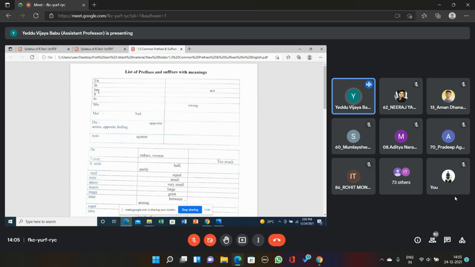With im: imperfect, immature. You can do like this. With il: some are repeated here, please check it out. Like illustrate, illuminate, illusion. Any 3 to 4 words that begin with these. With ir: irrelevant, irrational, irrevocable, like that.